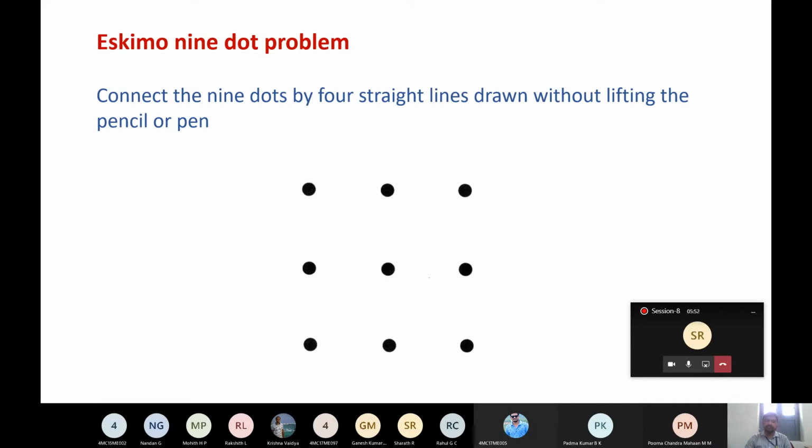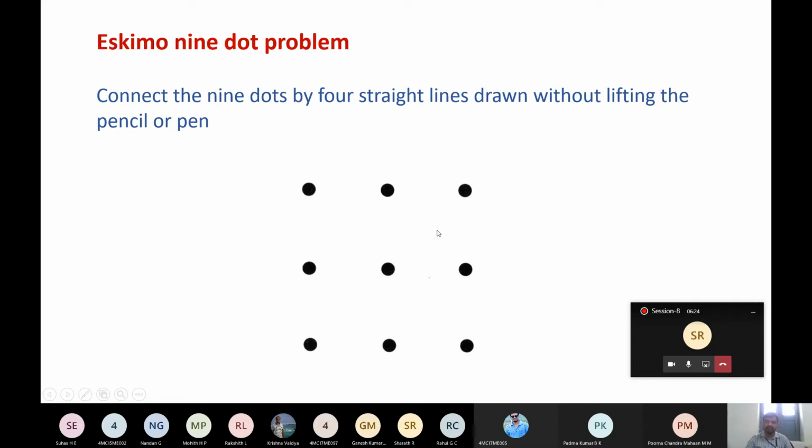Next, there are some other aspects related to understanding the actual nature of the problem. This Eskimo 9 dot problem, or exercise, also helps us understand what mistakes designers usually commit. Here you have to connect the 9 dots by four straight lines drawn without lifting the pencil or pen.